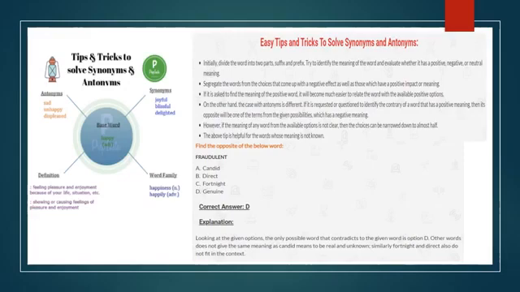Now let us see the easy tips and tricks to solve synonyms and antonyms. First of all, you look at the picture there. There's a base word. What is the base word there? Happy. What part of speech does it belong to? Adjective, so in the bracket it is written ADJ. Now let us see its antonyms: sad, unhappy, displeased.